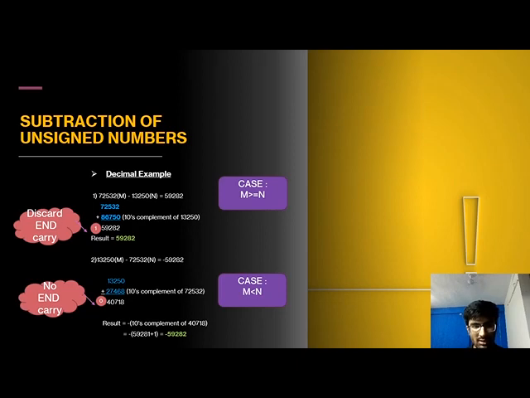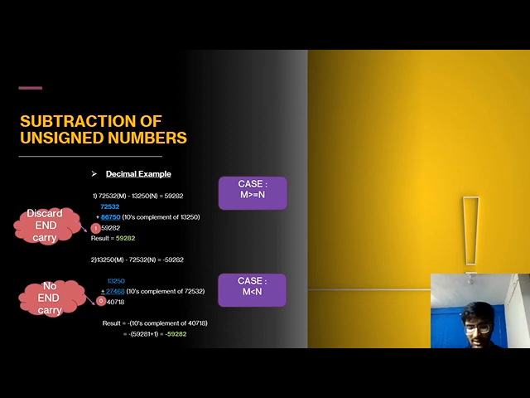Since 72532 is greater than 13250, we take the r's complement of n and add it to m, and whatever we get, 159282, has a carry. So when m is greater than or equal to n, we discard that carry, and the result is 59282.